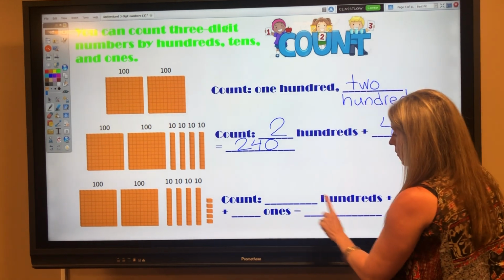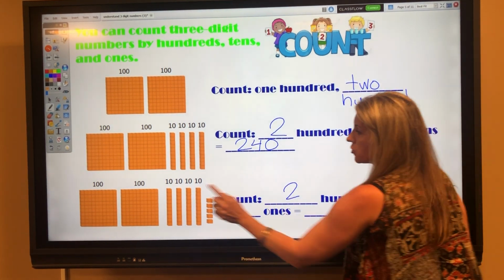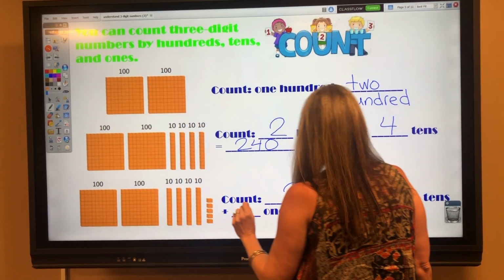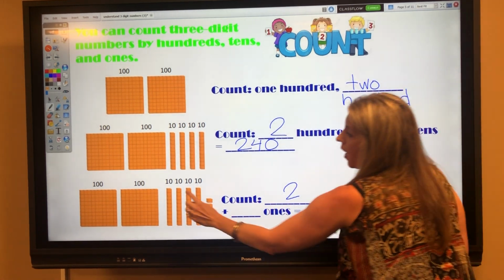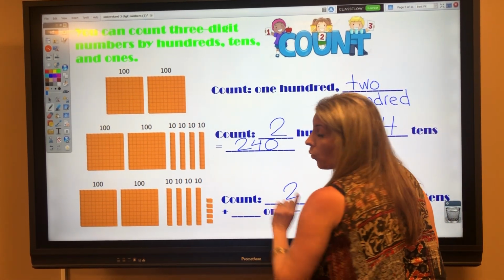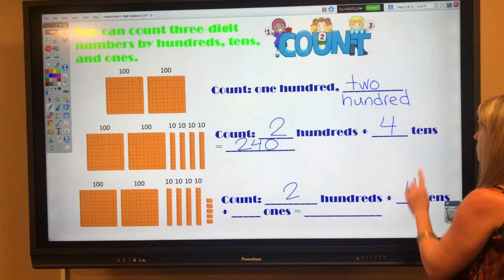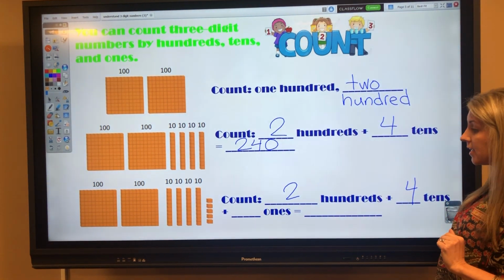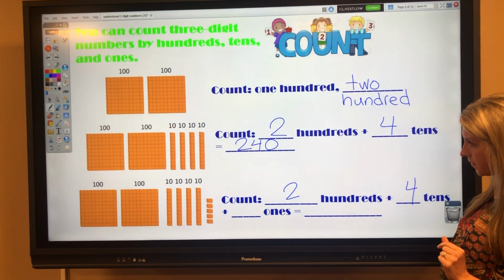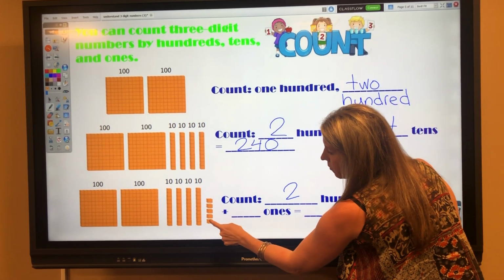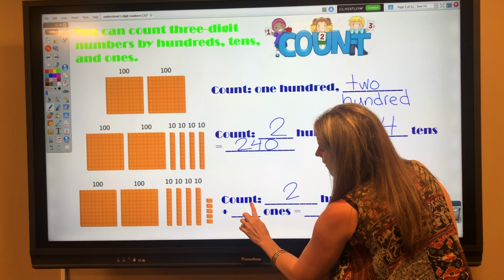So as we're counting, we counted 2 hundredths, and 1, 2, 3, 4 tens, because it was 40. And we know that 4 tens is equal to the value of 40. And we counted 1, 2, 3, 4, 5 ones.